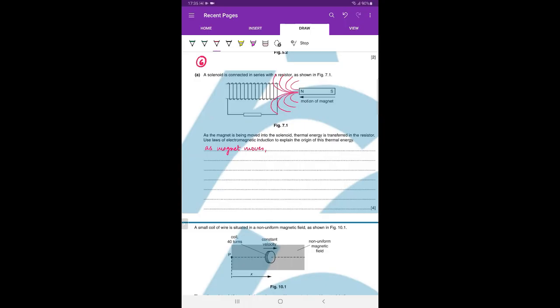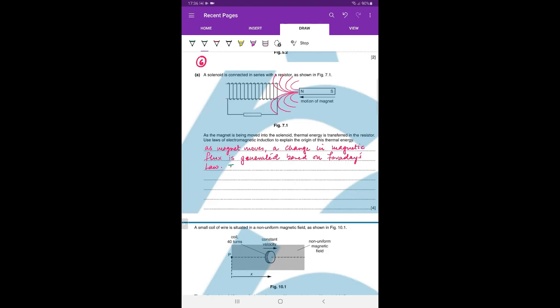As the magnet moves, a change in magnetic flux is generated based on Faraday's law. ये first statement है.